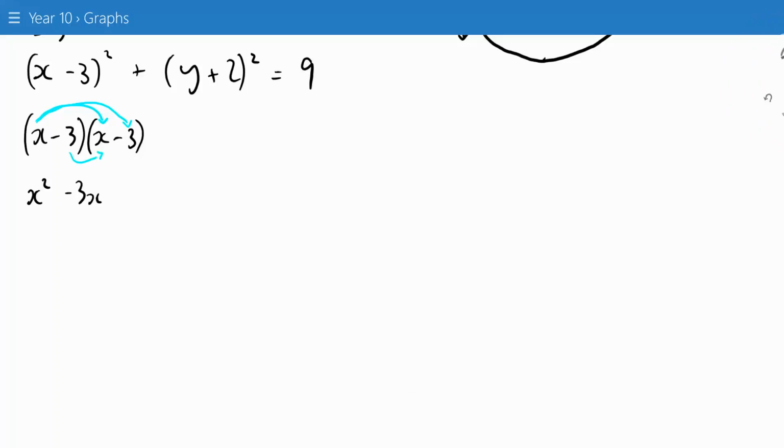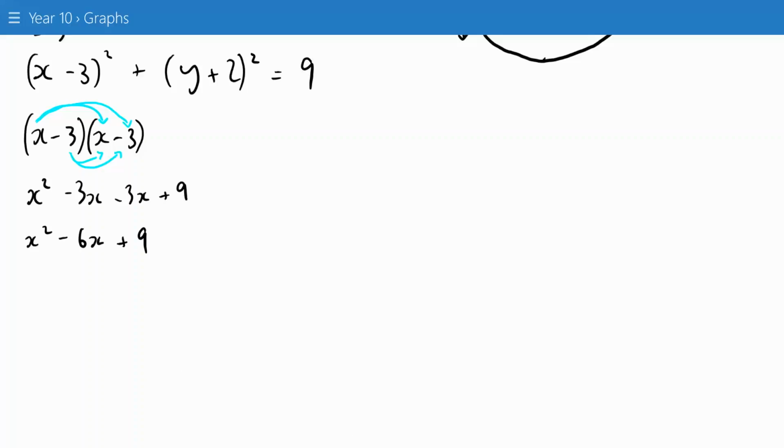Inside, minus 3 times x is minus 3x. And last, minus 3 times minus 3, or negative 3 squared, equals plus 9. Okay, so let's simplify this. X squared minus 3x minus 3x is minus 6x plus 9.